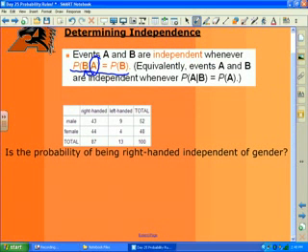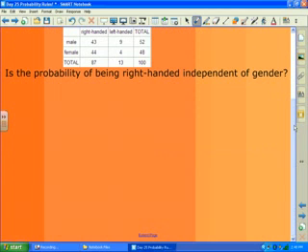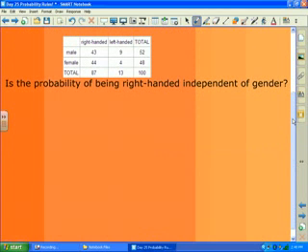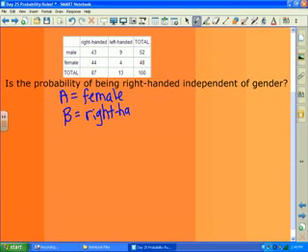So in your problems that you come across that ask you to determine if something is independent, for example, this one right here, which I think we might run out of room, so I'm going to give you some answers real quick. We're about to run out of time. I would want to see, let's say A is being female, and B is being right-handed, because that's what it's asking.